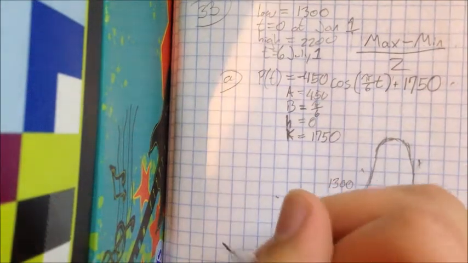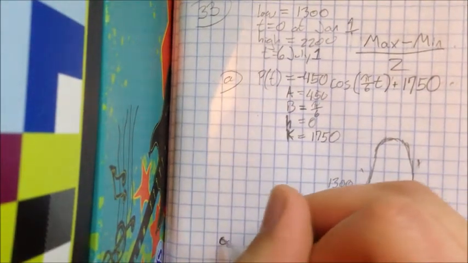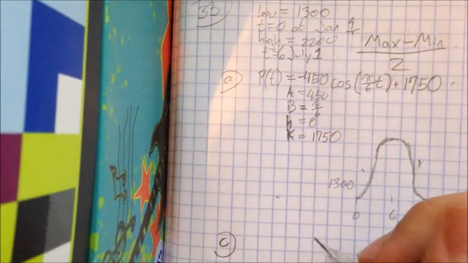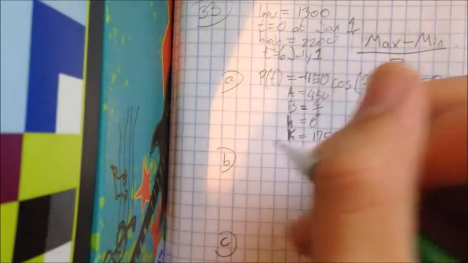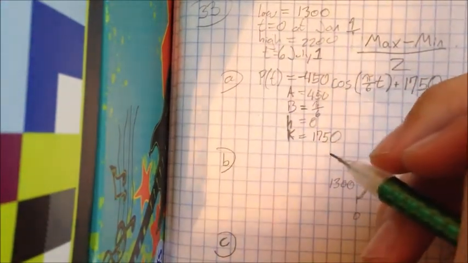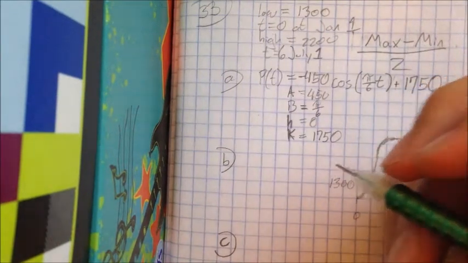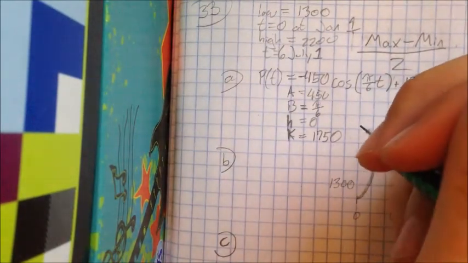So then, well, we won't have to skip to C. I'm just skipping there because the answer sheet doesn't have anything for C. B wants us to interpret the amplitude, period, and midline for the function. You should be able to do that.